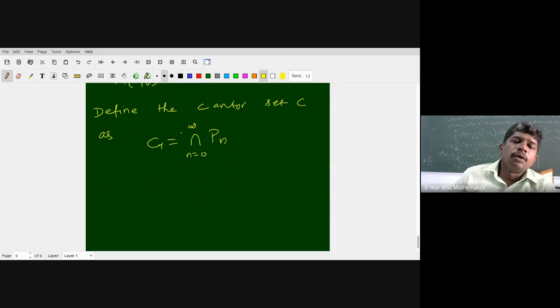Now we know that the Cantor set is uncountable, right? Clearly, from basic real analysis, this implies that the Cantor set is uncountable.